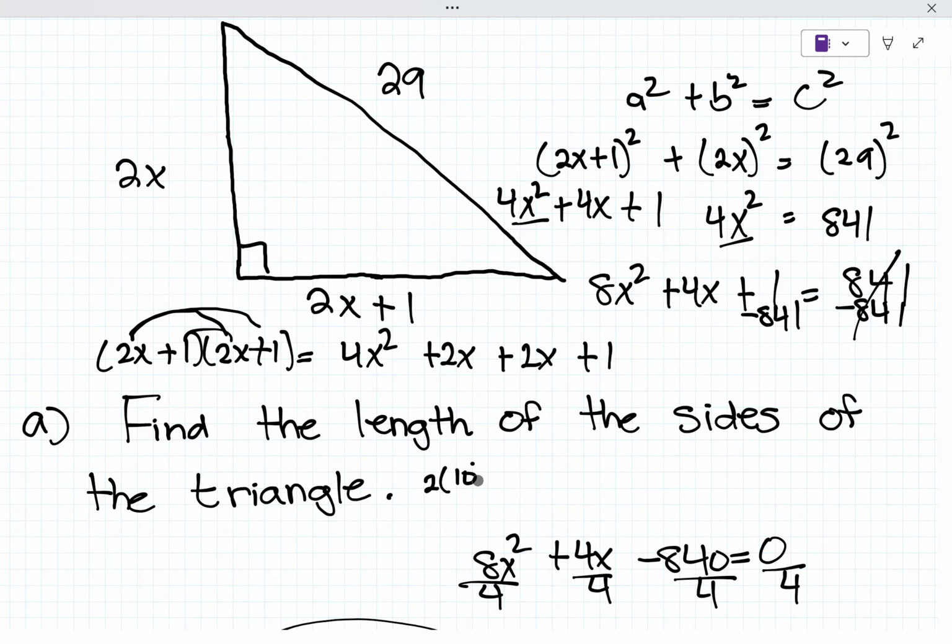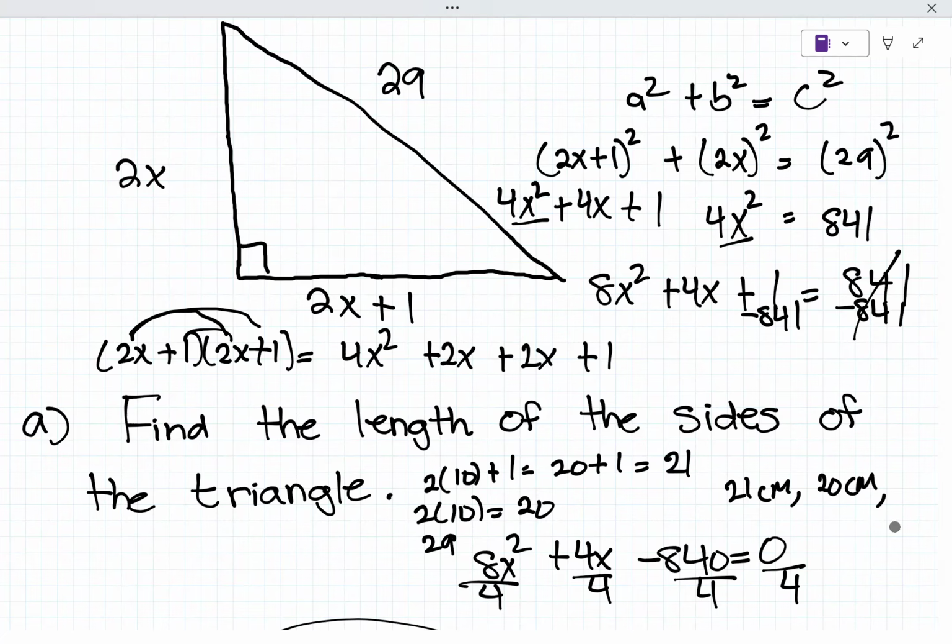The other one is 2 times 10, which is 20. And then the hypotenuse is 29. So our side lengths are going to be 21 centimeters, 20 centimeters, and then the hypotenuse of 29 centimeters.